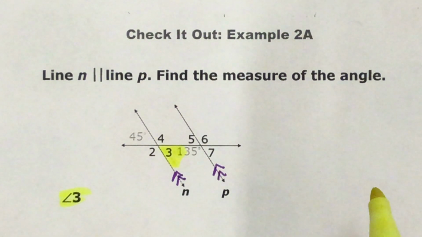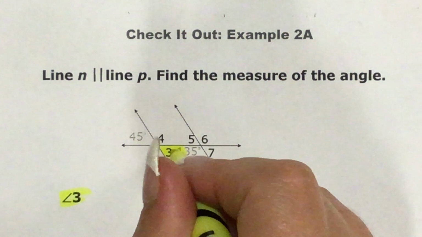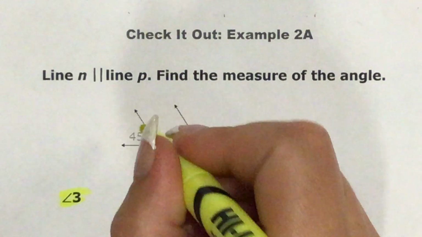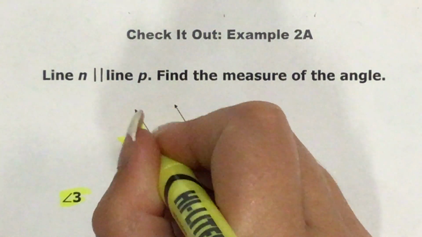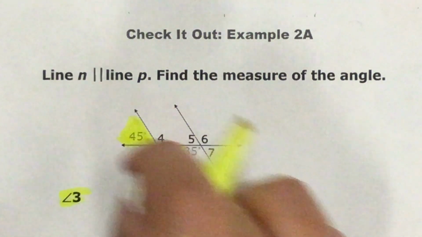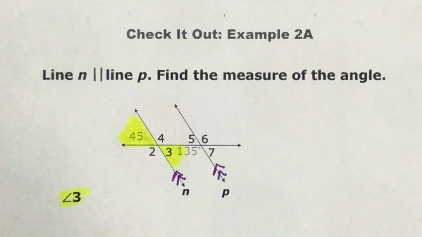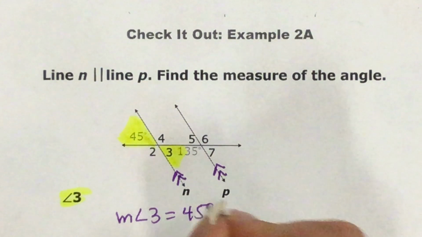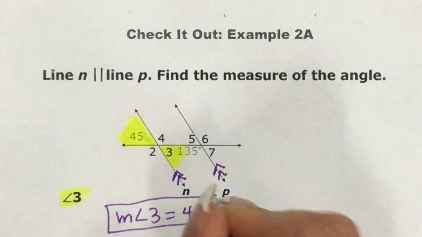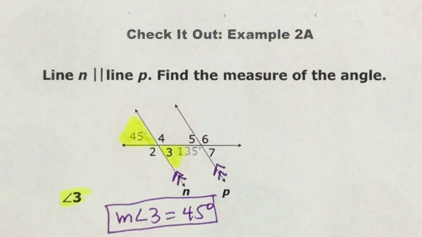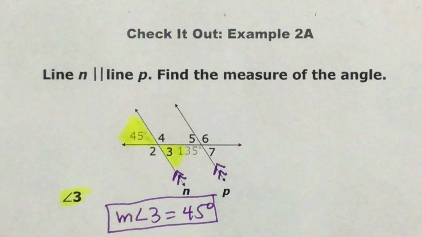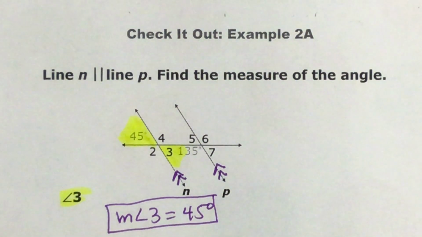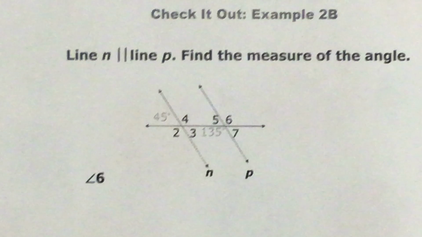And what I see is directly across from this is 45 degrees. Those are vertical angles. That means they're congruent. So if you put the measure of angle 3 is equal to 45 degrees because of vertical angles, you are doing awesome, amazing, wonderful. I'm so proud of you. Okay, let's go ahead and move on to Check It Out, 2B.